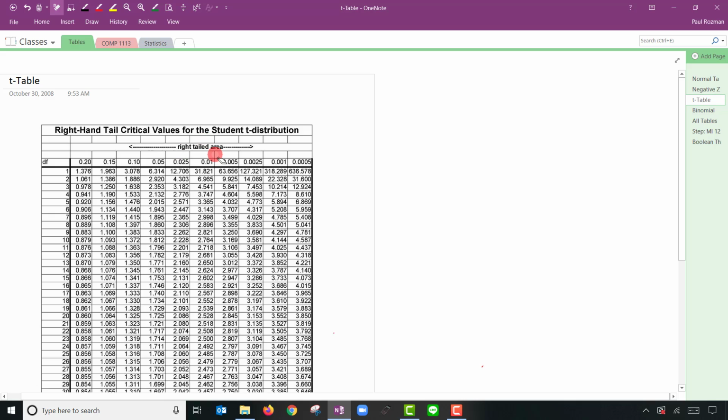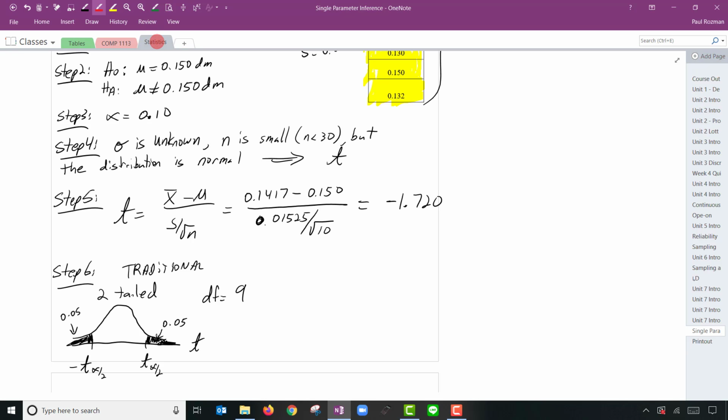The t-table gives area to the right, so we might as well go for the right-tailed here. We have n equal to 10, so we're in row 9. And we're looking for 5%. Remember, alpha was 10%, so we want half of that. So our critical value is negative 1.833 and positive 1.833.